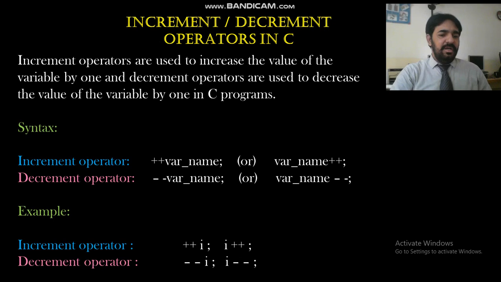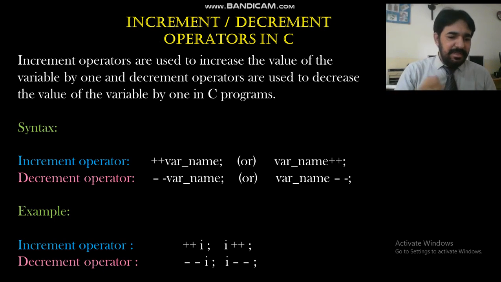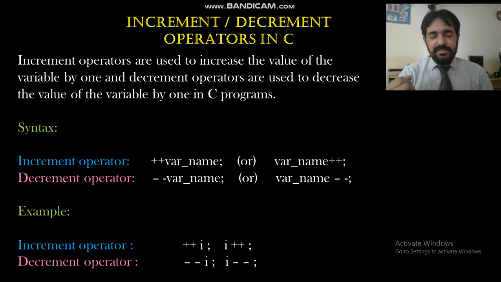For example, increment operator: ++i where i is a variable name, or i++. At the end we add a semicolon. For the decrement operator, we can first add the decrement operator -- then the variable, or we can first add the variable and then the operator --, and we conclude with a semicolon.